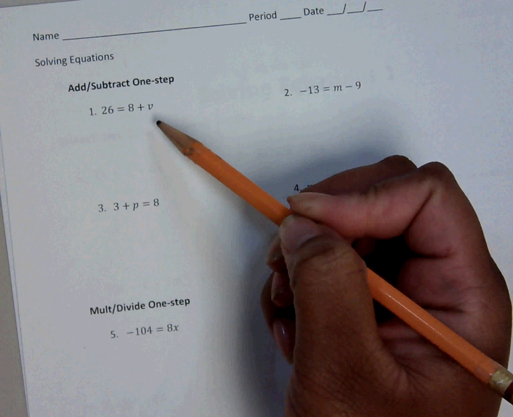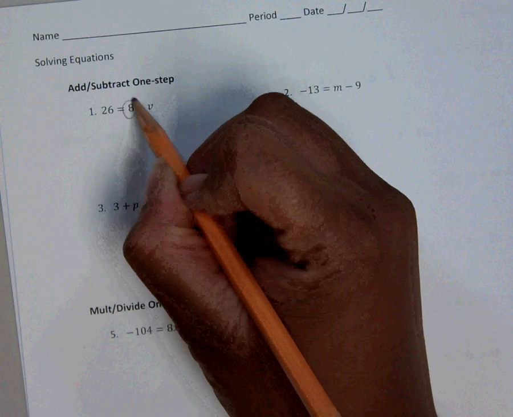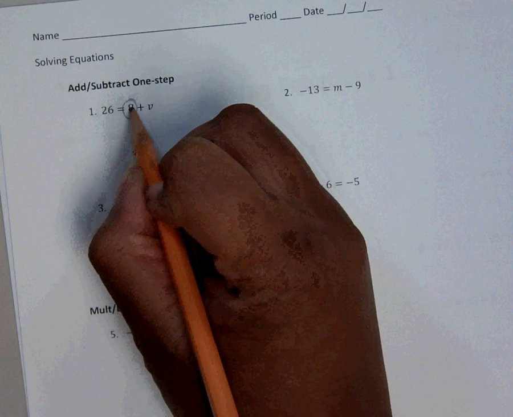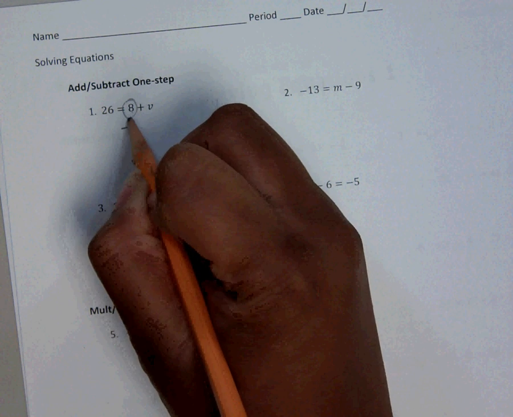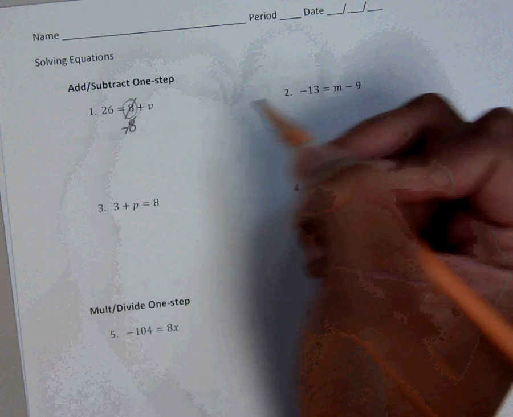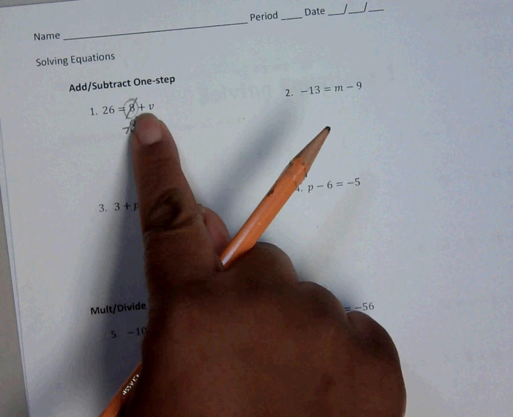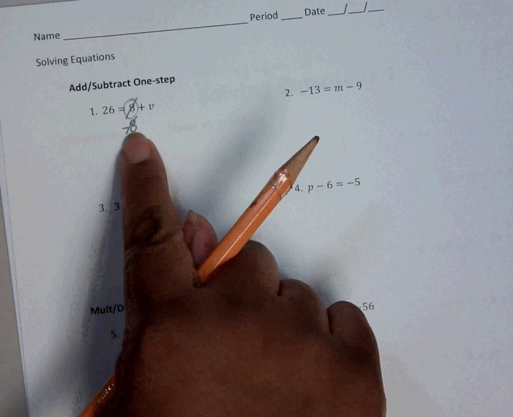Now, when I say inverse operations, I mean the opposite. So I have a positive 8 that's added on this side. That means I need to do the inverse operation of adding, and because he's positive, I'm going to subtract him off to make him 0. So he is no longer over here with the v. I can now move him to where the 26 is by doing the same thing that I did here.